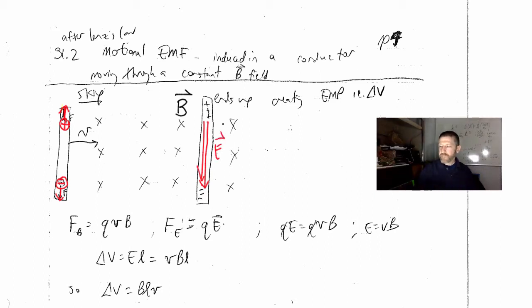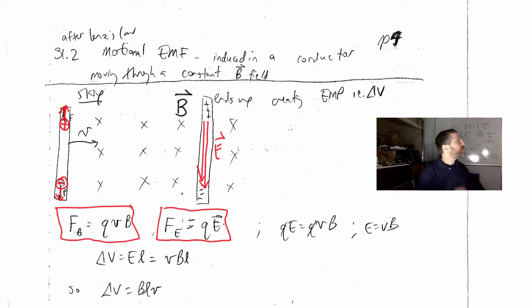So the magnetic force on those charges is qvB. Notice that there is also an electric force on the charges. The opposite charges are trying to attract together, and that force is qE.